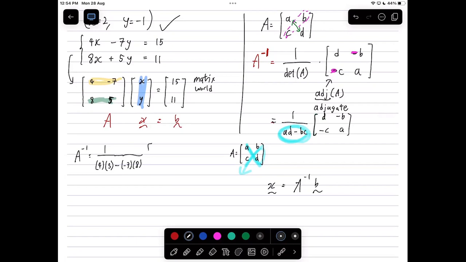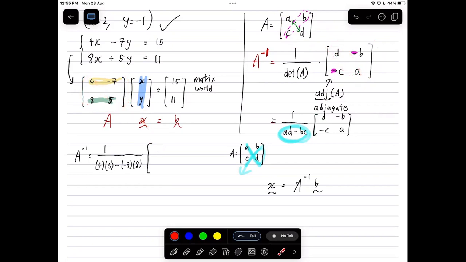Outside that's 1 over determinant A. Then we're gonna multiply by the matrix. What do you do? We haven't filled in the blank yet. D, minus B, minus C and A. And the trick is, you look at your original A. What do you do with this 4 and 5? Same? No, look carefully.